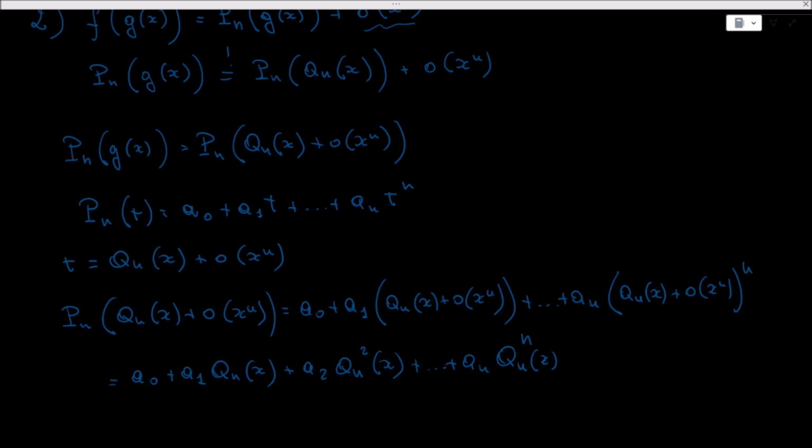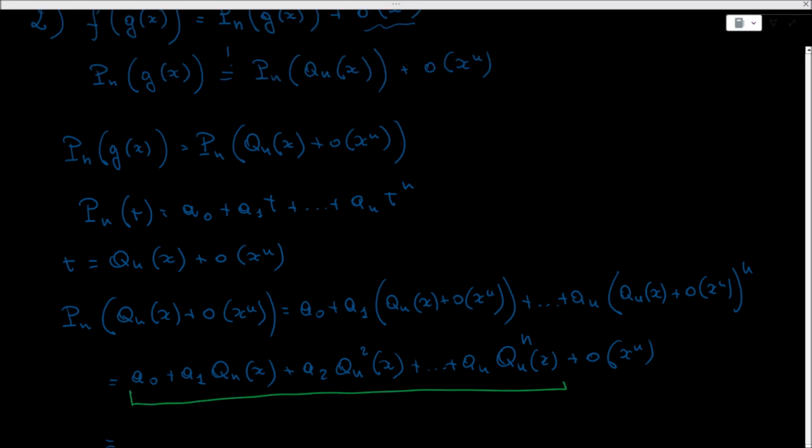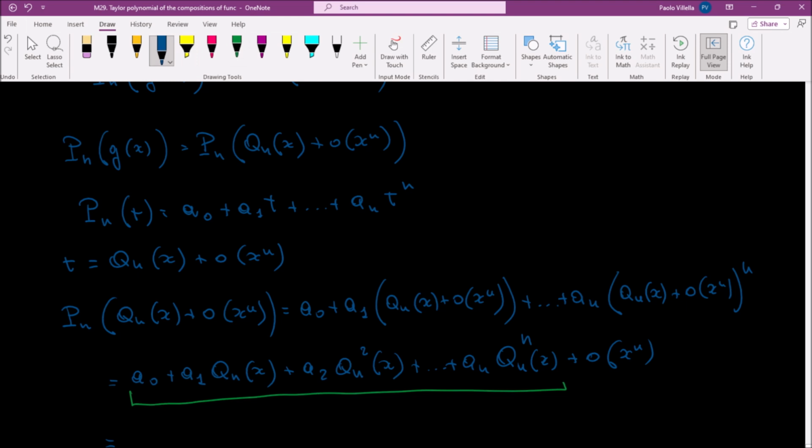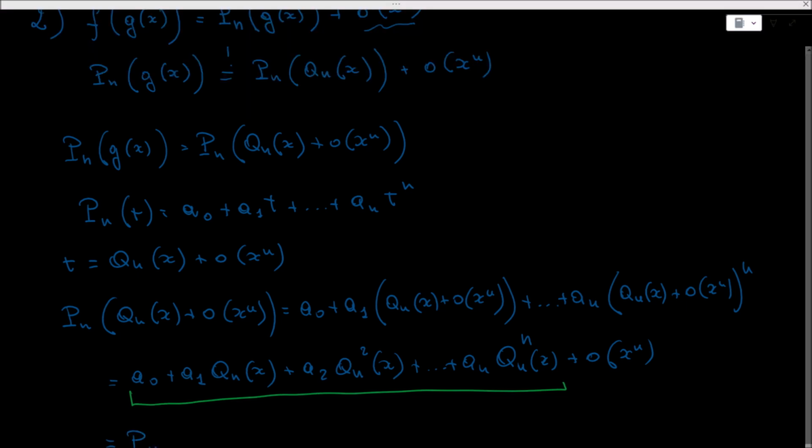And all the other terms will include some little o of x to the n, so all of them can be encapsulated in a final little o of x to the n. But if you look at the first n plus 1 terms, this is nothing else than Pn evaluated at Qn of x, and finally we have this little o of x to the n, and this will conclude the proof.